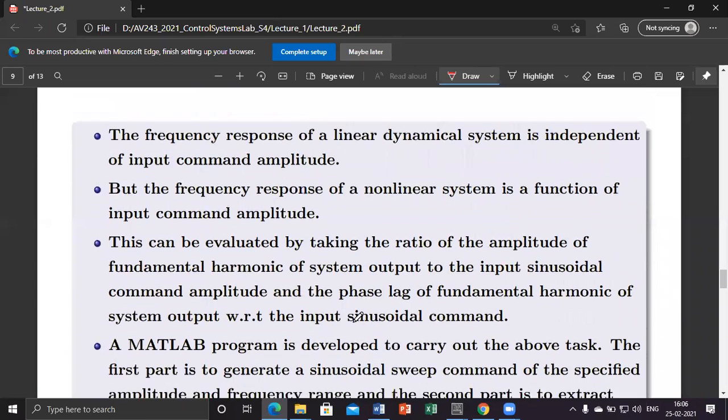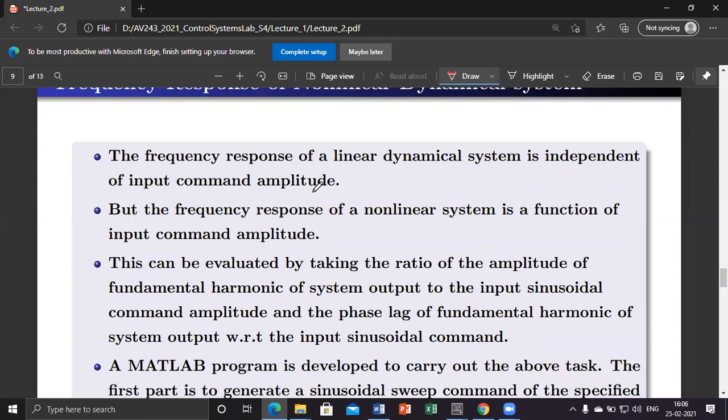There is a next portion. I will explain that. The frequency response of a linear dynamical system is independent of the input command amplitude. You have seen the step response of a linear system, right?